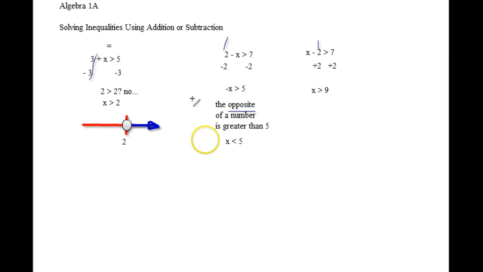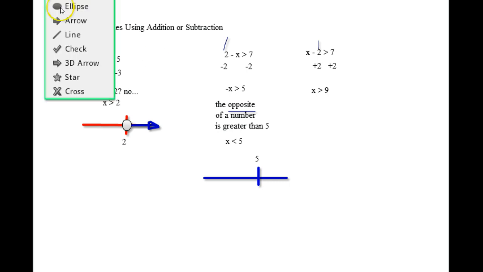Alright, so if you think about it here, we have our number line. Okay, 5's right here. So 5's right there. It's an open circle.